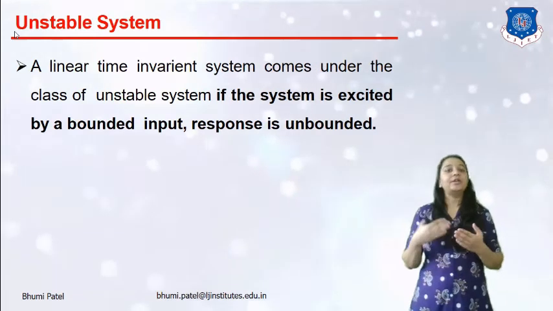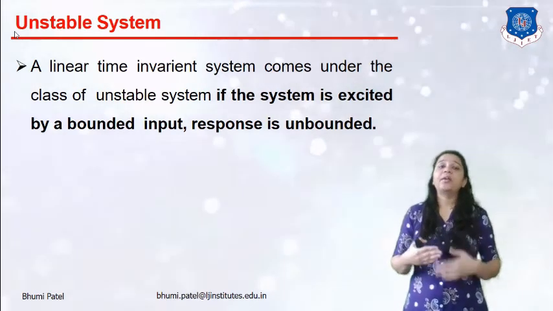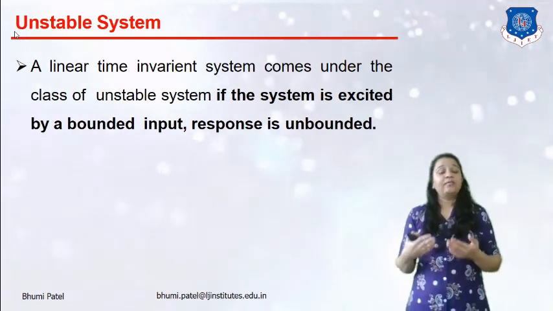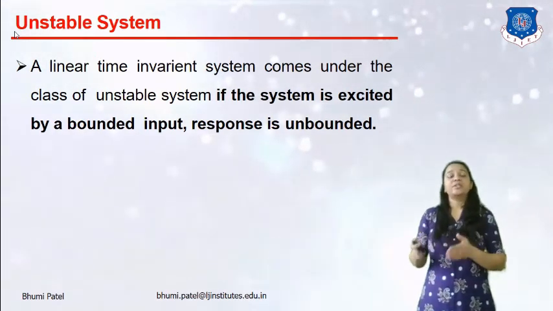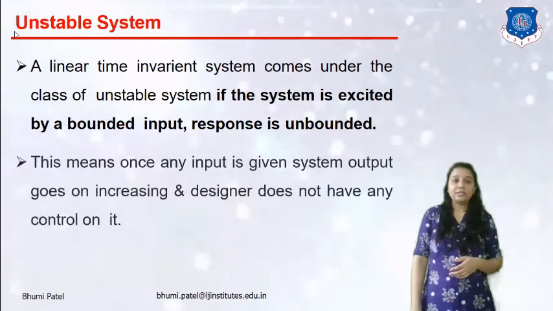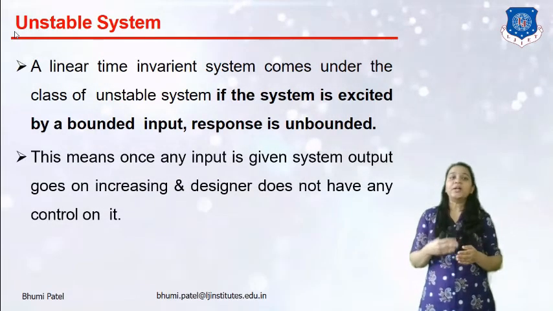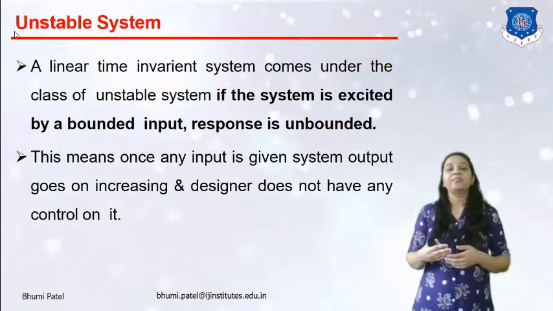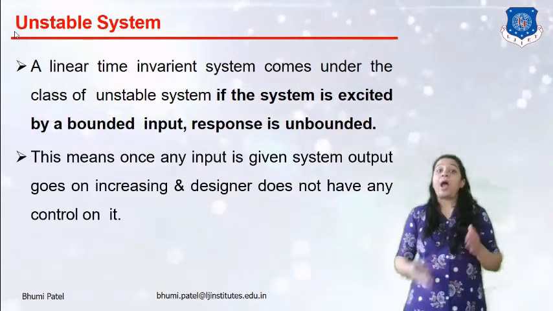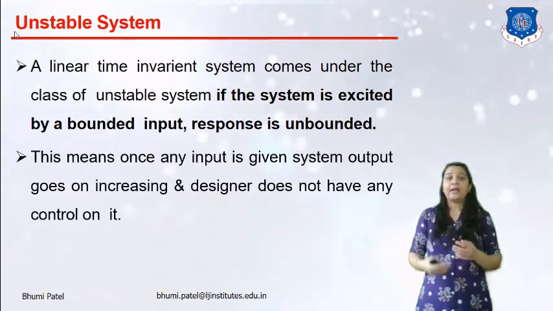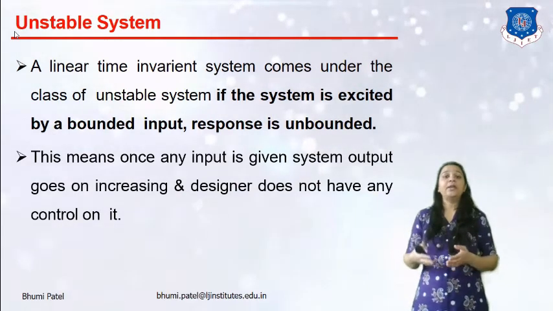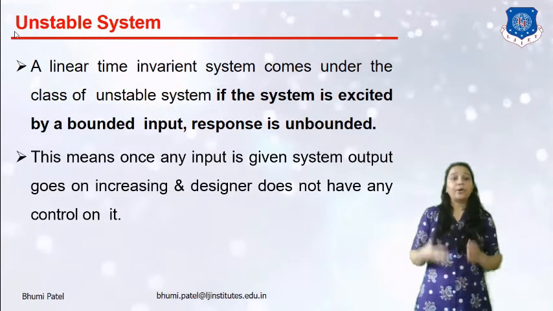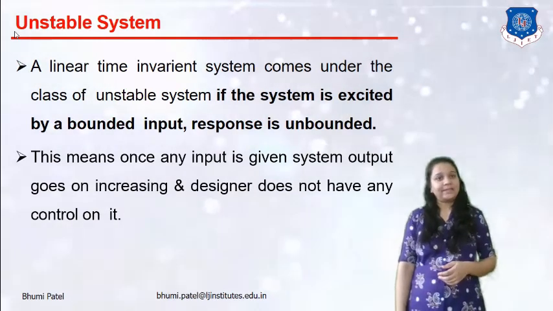For a particular system, if we give a bounded input but get an unbounded response, this type of system is known as the unstable system. This means once any input is given to the system, the output keeps increasing and the designer or operator cannot control the output of the system.